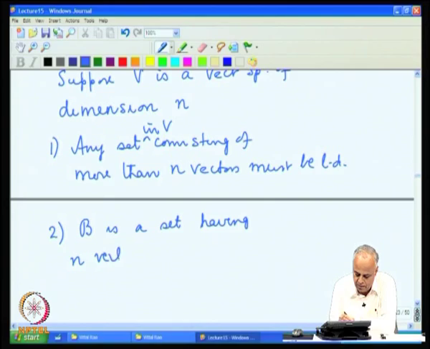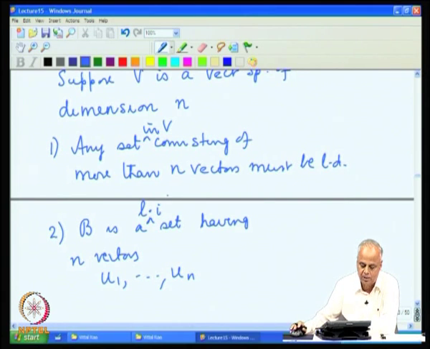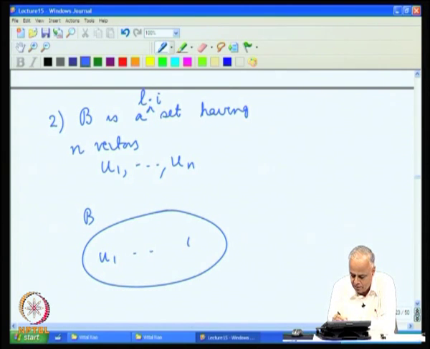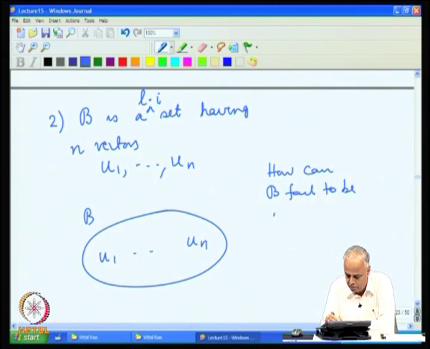And secondly, suppose B is a set having n vectors u1, u2, ..., un, and suppose B is a linearly independent set. Can this be a basis? Well, how can B fail to be a basis?